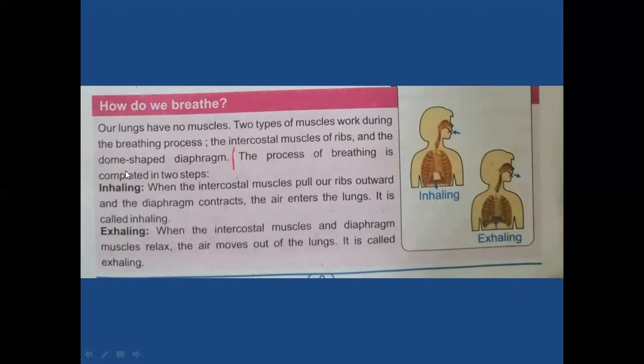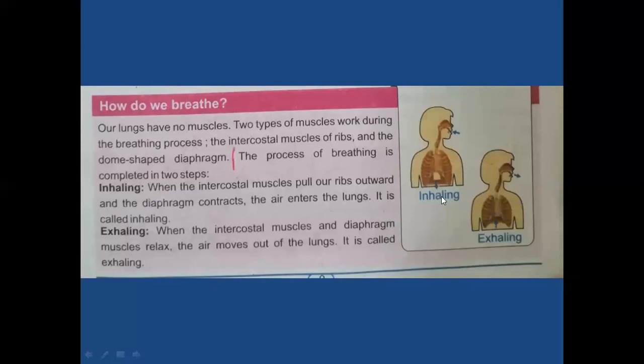Dome shape means like a circular mountain. The diaphragm is like a circular mountain shape. The process of breathing is completed in two steps. The first step is when the intercostal muscles pull our ribs outward, which means the ribs move down, pulling the diaphragm down.